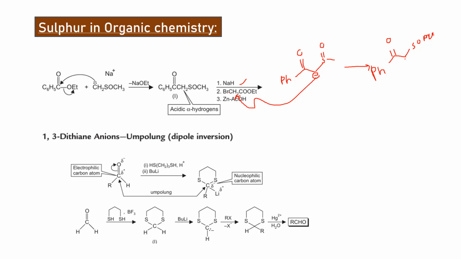After that, if you add zinc and acetic acid, what will happen? It will just break the carbon-sulfur bond, and we will get this type of 1,3-diketoester.